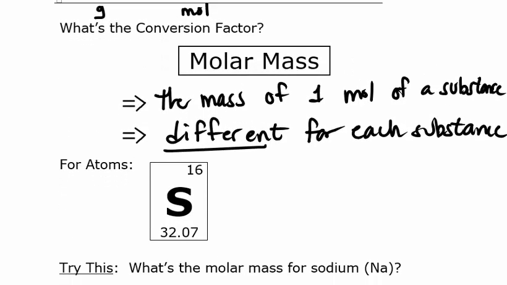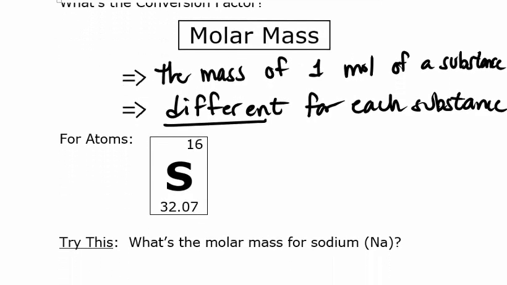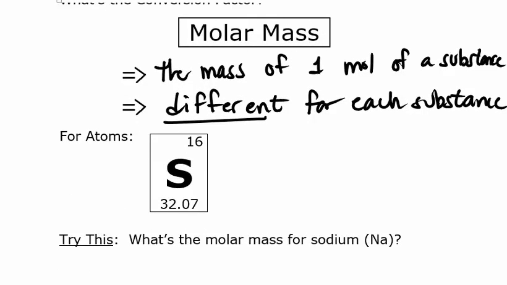Okay, so how do you find that number for atoms? You simply look at the periodic table, and this is a box for sulfur.